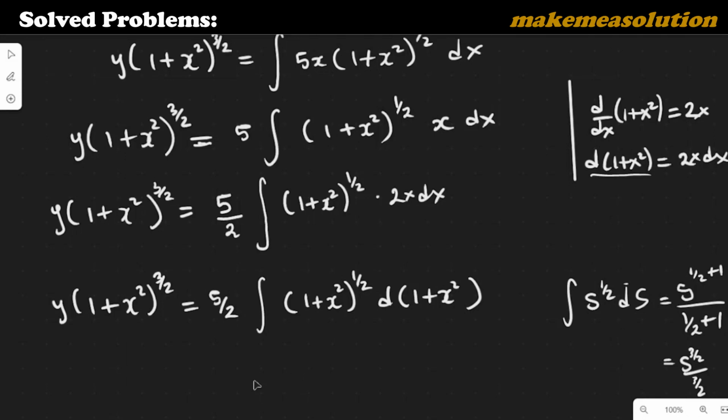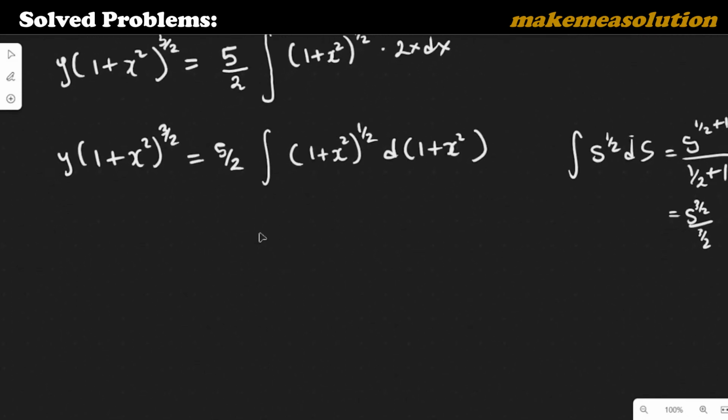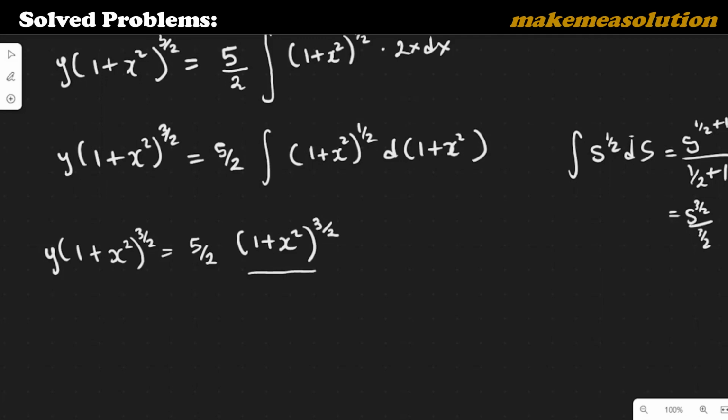So I'm going to get y into 1 plus x squared raised to the power of 3 over 2 is equal to 5 over 2. Then when we integrate this side, what we got was 1 plus x squared raised to the power of 3 over 2 divided by 3 over 2, plus c.